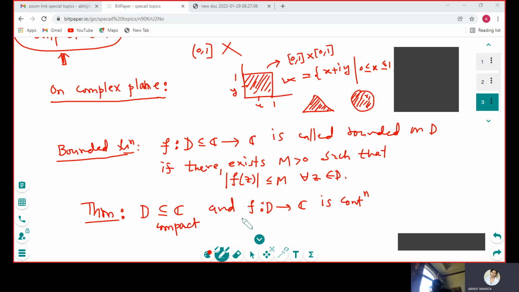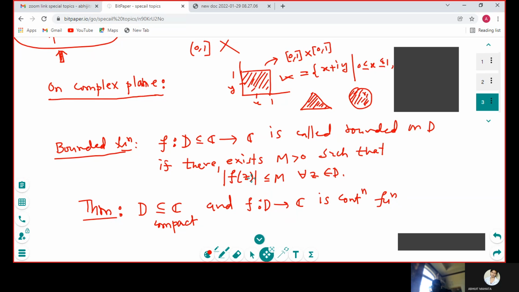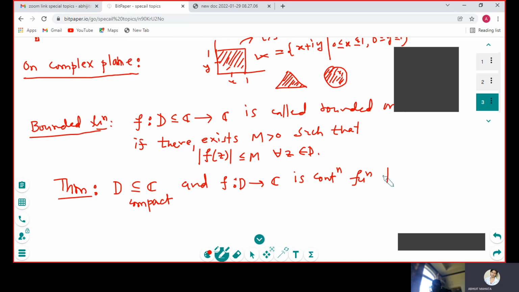Okay, so you have a compact subset D, and f from D to C is a continuous function. Then you know f is bounded. So any complex valued function on a compact set is bounded.